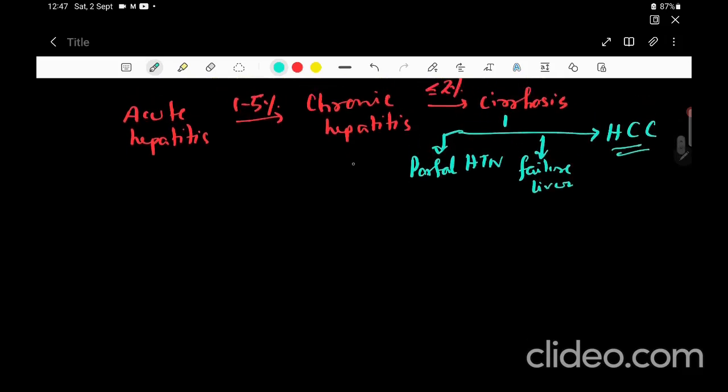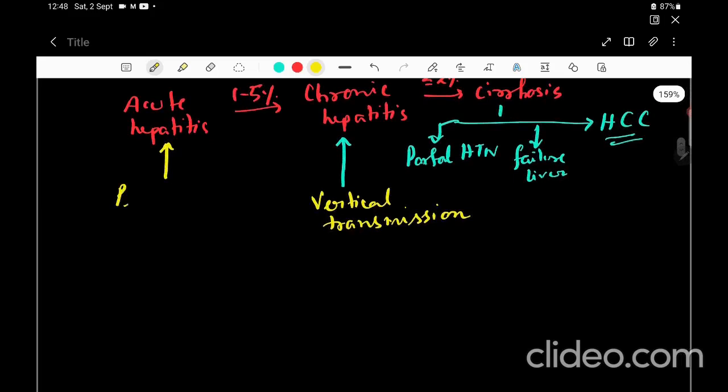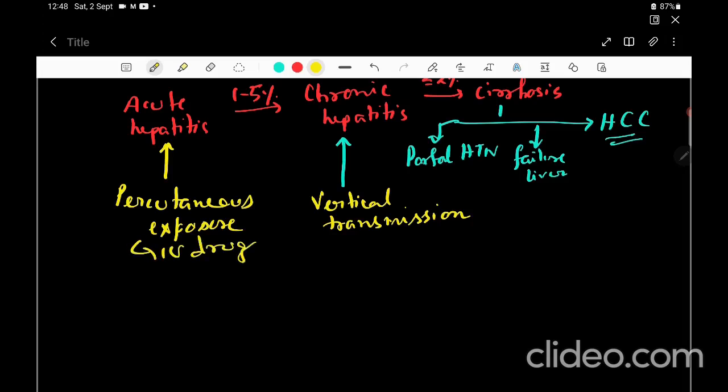Now, this chronic hepatitis can be caused by vertical transmission, that is from mother to fetus, and acute hepatitis can be caused by percutaneous exposure. That can be IV drug exposure, or it can be the sexual route.